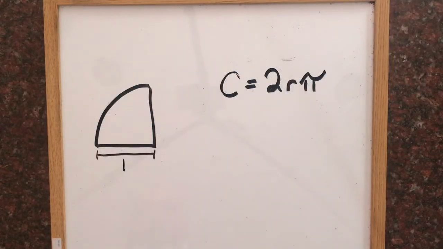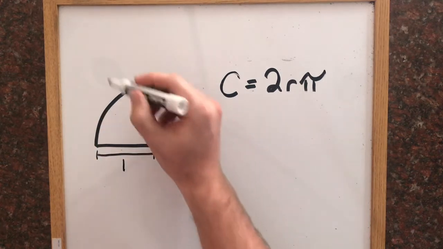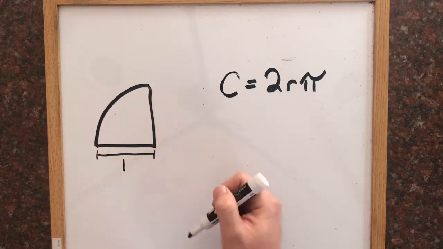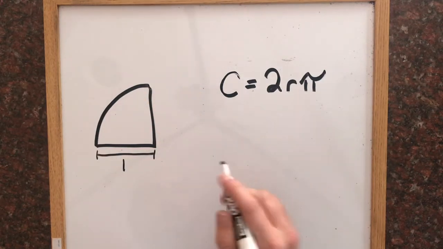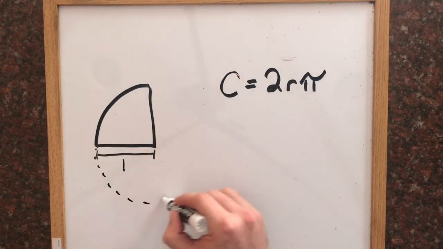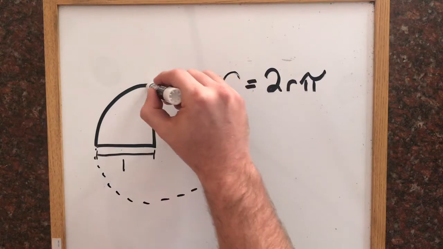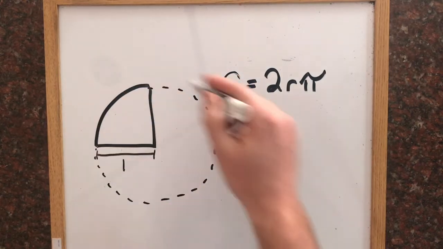All right, and this third example here looks a little bit different, but the process is essentially the same. So again, what we're going to do is look at this arc length by calculating the partial circumference. So again, what I want you to think about is the entire circle that this arc length makes up, and let's calculate the circumference of the entire circle.